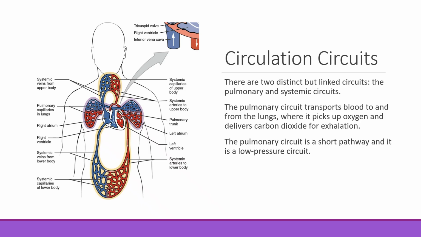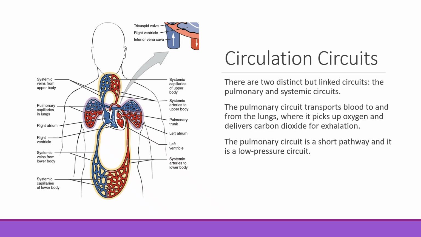So looking at our picture, we're going to look at the right side of the heart. That's blue, right? And we're going to go over this pathway here, but you can see that that blue side is going to go out to the lungs where it's going to pick up oxygen and turn red, and it's going to come back to the left-hand side of the heart where it's going to pass through and then go out to the tissues, drop off that oxygen, and then head back to the right-hand side of the heart.